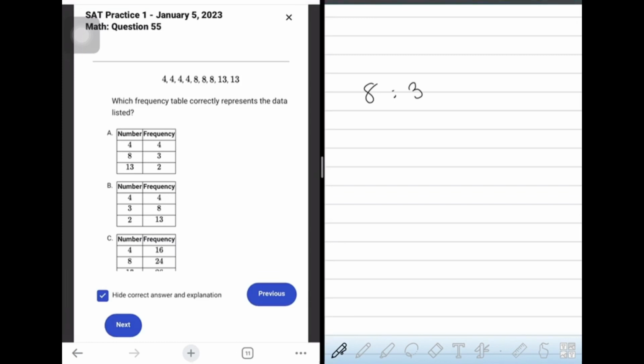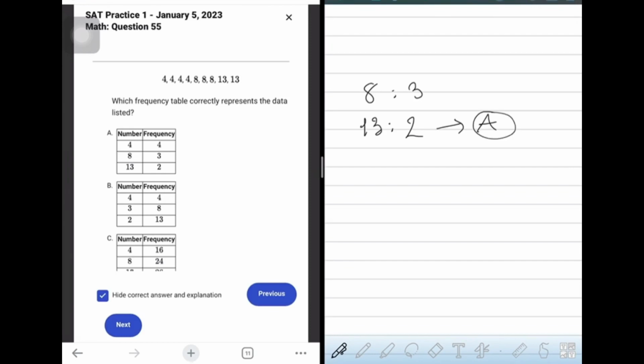The second row is 8 with frequency 3, so it's also correct. The third is 13, which appears 2 times, so number 13 with frequency 2 is also correct, so A is correct.